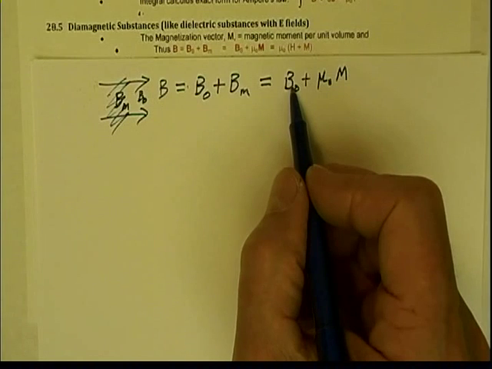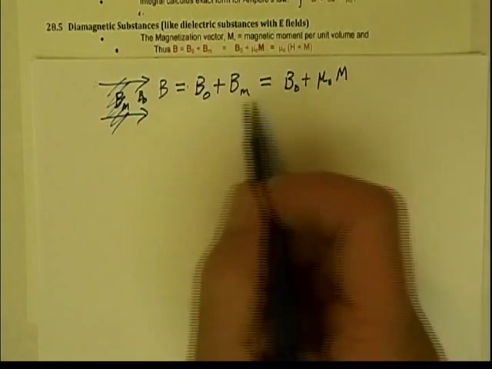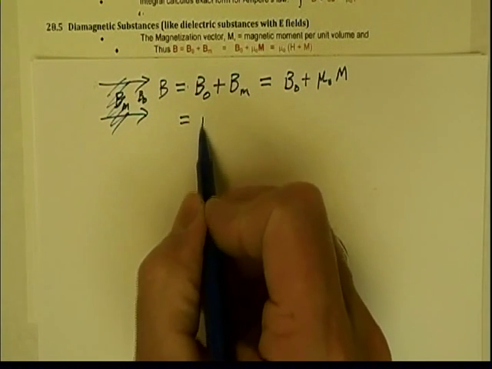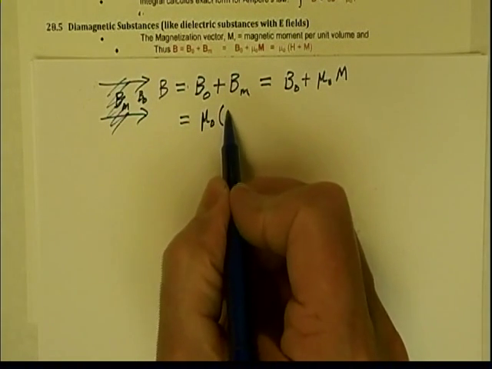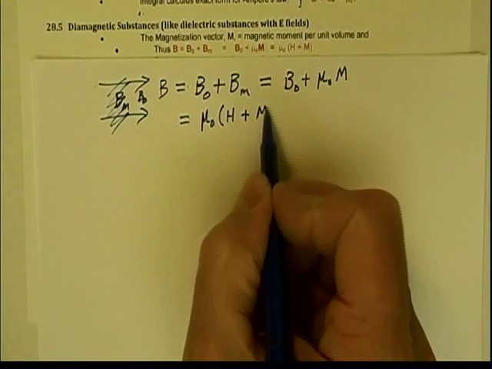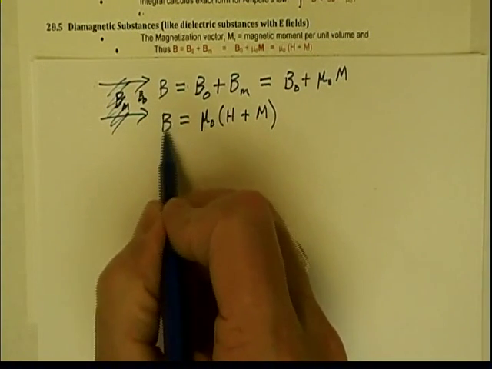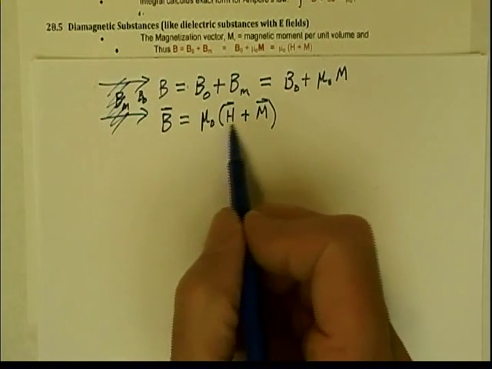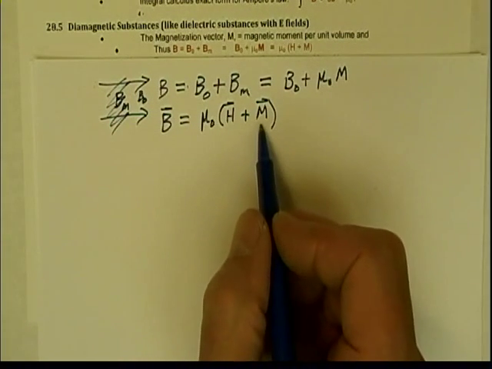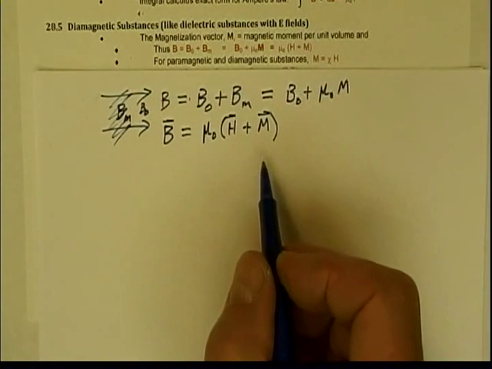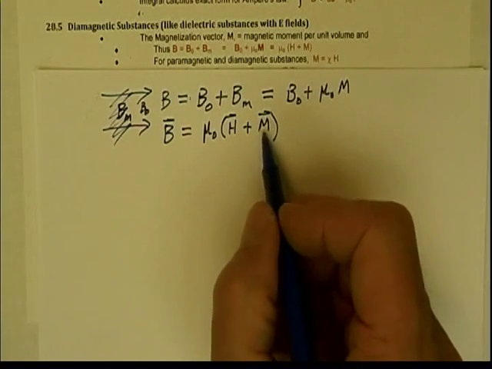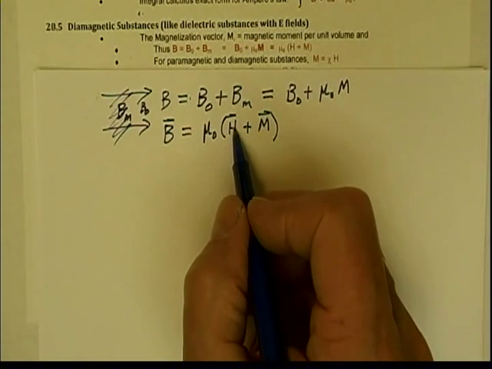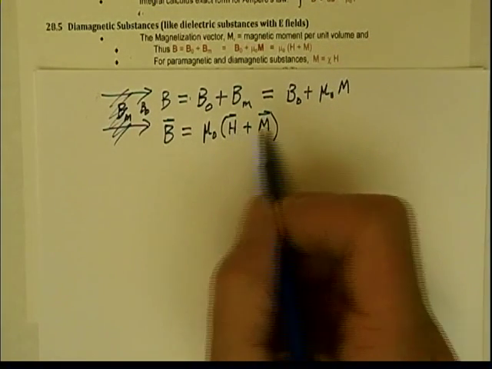Likewise, I can pull a mu naught out of this B naught and obtain something that we call H, and write this as mu naught times H plus M for the total magnetic field B. This first term is due to the natural effect that we have, and this is due to the magnetization. Now for different types of substances, of course this M is going to be dependent upon how strong the H is.